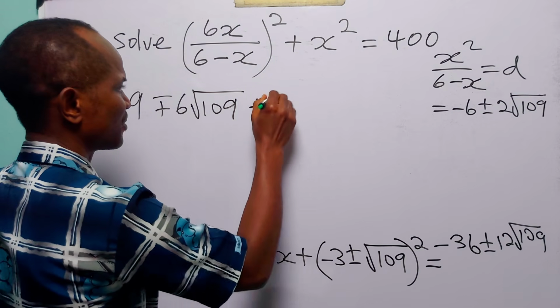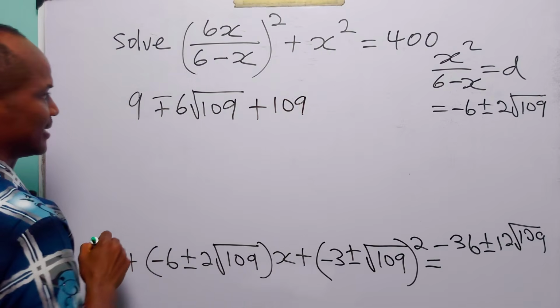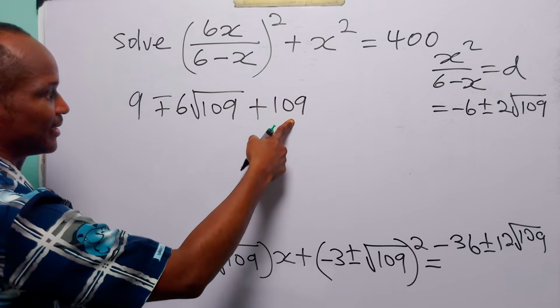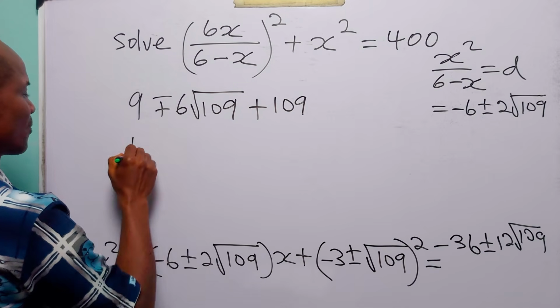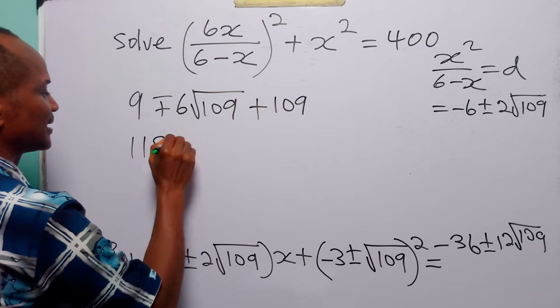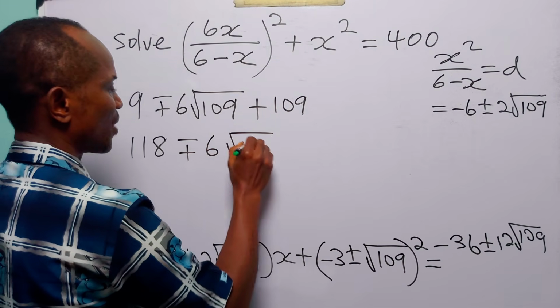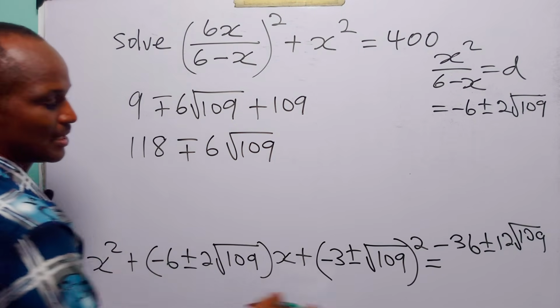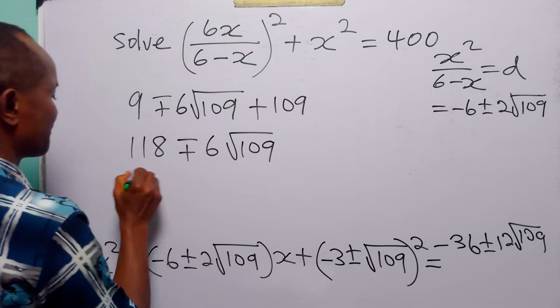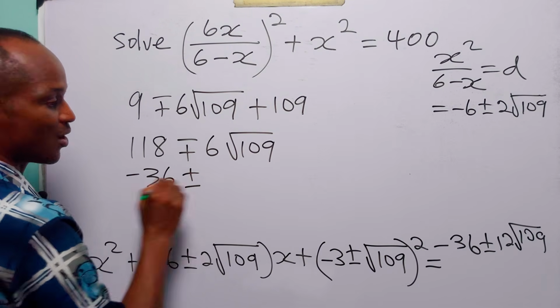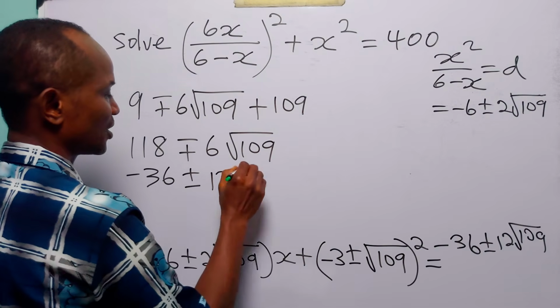That is going to give us plus 109. Now 9 plus 109 is going to give us 118. Then we have minus or plus 6 root 109. Now let us add it to minus 36 plus or minus 12 root 109.